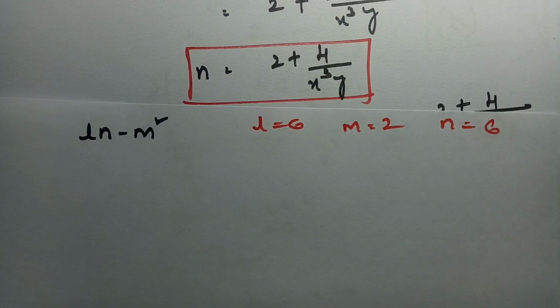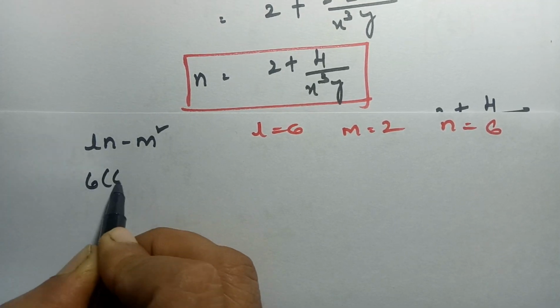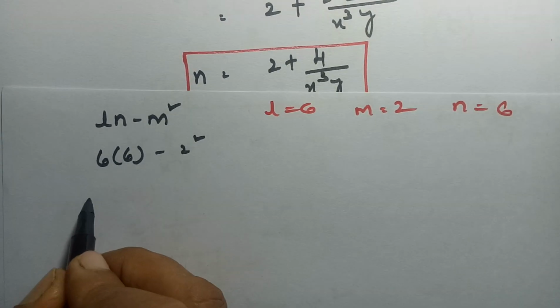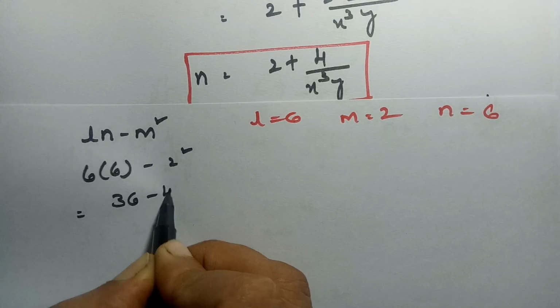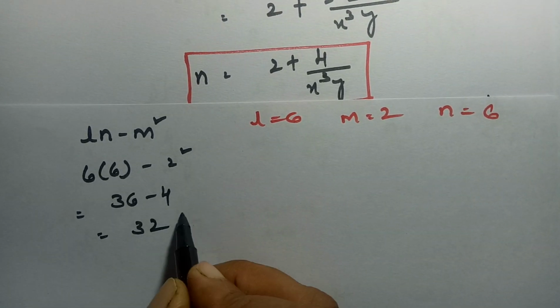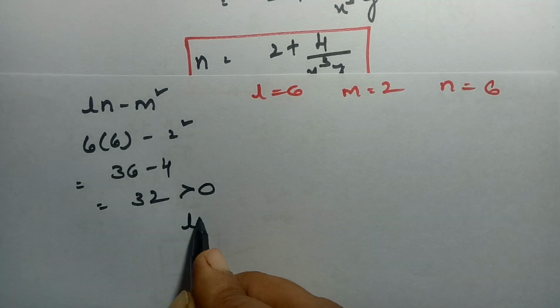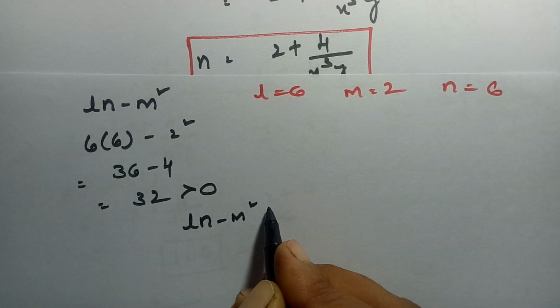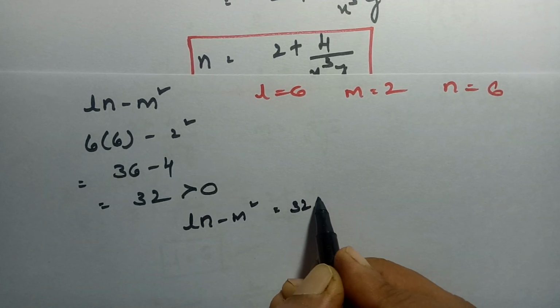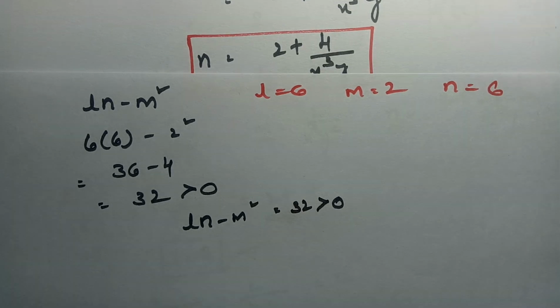After substituting, that is 6 into 6 minus 2 square, which is equal to 36 minus 4, which is equal to 32, which is a positive value. I got LN minus M square is equal to 32, which is a positive value.